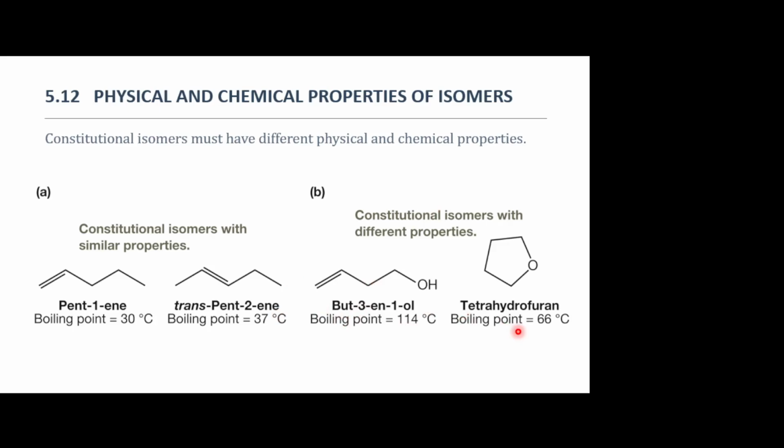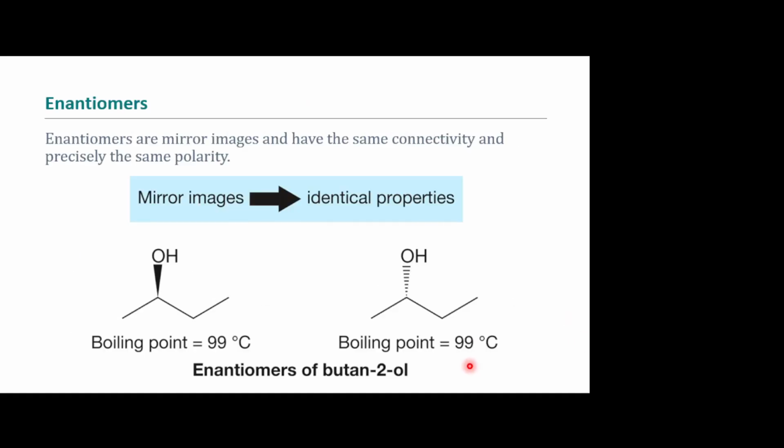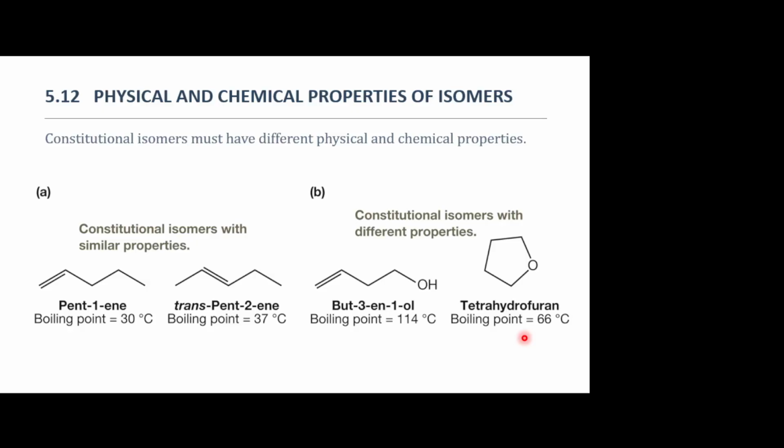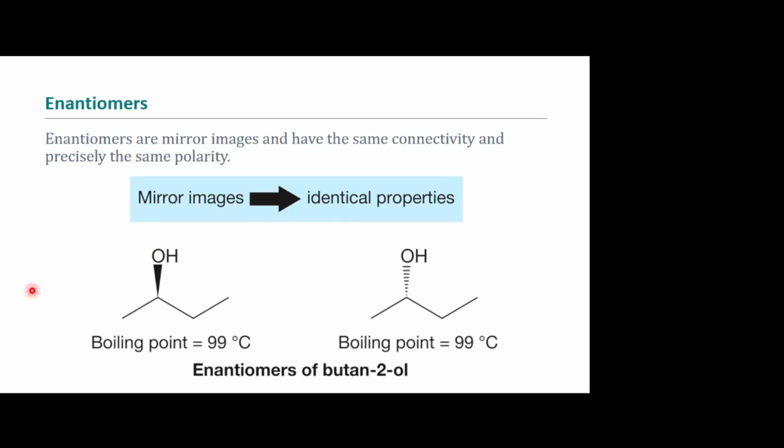These would be really easy to distill one from the other, wouldn't they? Okay. And so they have to have pretty different physical properties. They're oftentimes also going to have different chemical properties as well. And so, for example, this one would have different chemical properties than this one, actually. This one has an acidic hydrogen here, in case you're wondering.